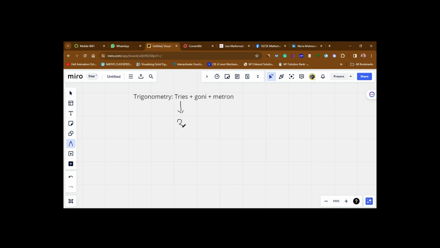Trias means three, goni means sides, and metron means measurement. Okay, so the study of the three sides figure is called trigonometry.